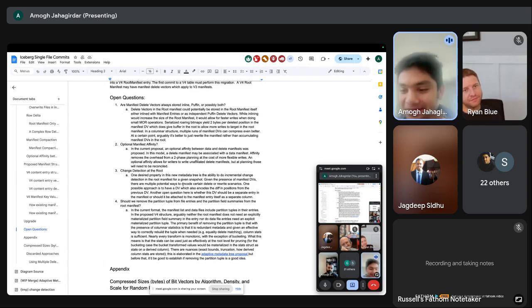I think I'll start with the question Russell prompted, which is, should we essentially remove the partition tuple? I fall in the camp of yes, because in a world where you have column stats at essentially every level, and most partition transforms are monotonic, with the exception of bucketing, we can prune just as well, just based on stats.